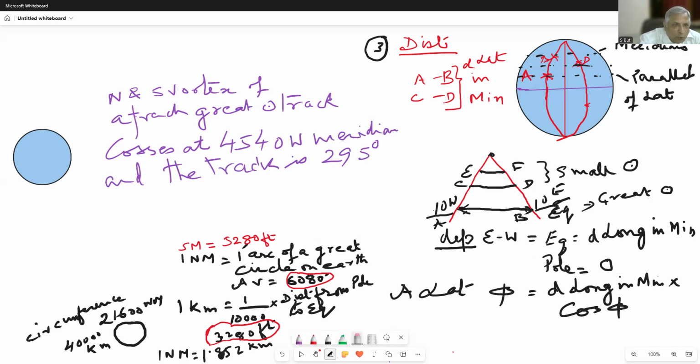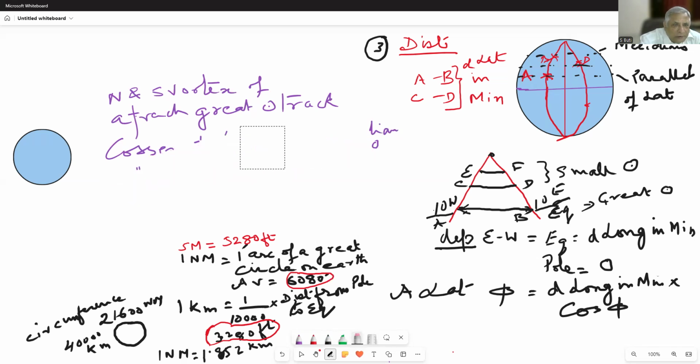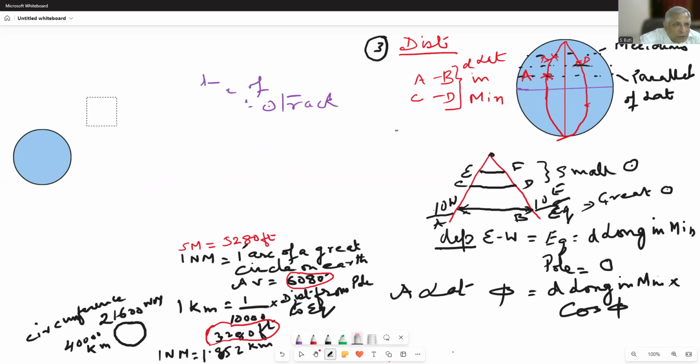Then let me go to the next set of questions which we are going to do today. That is finding out the distance along a meridian.